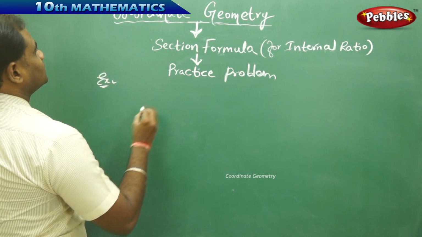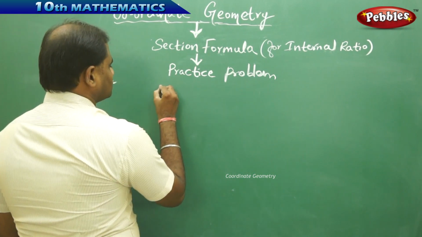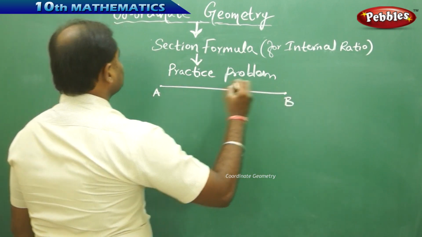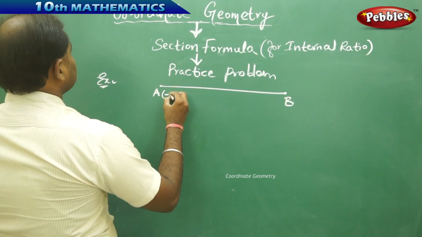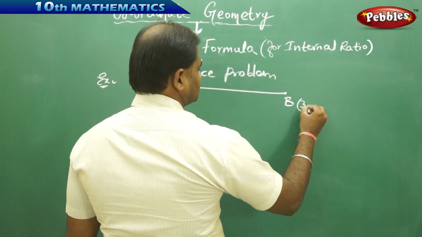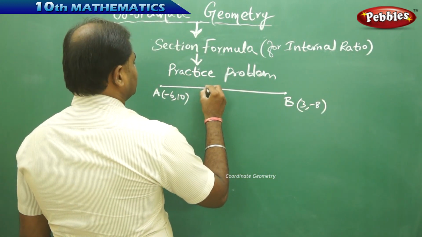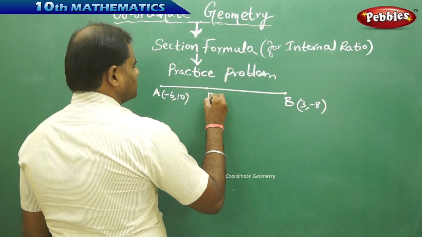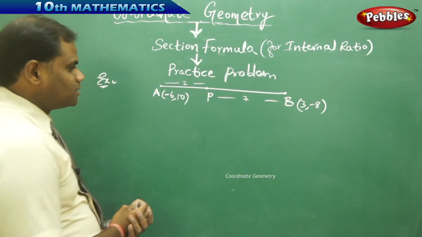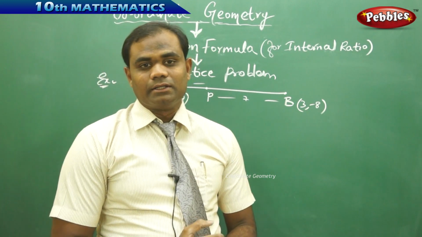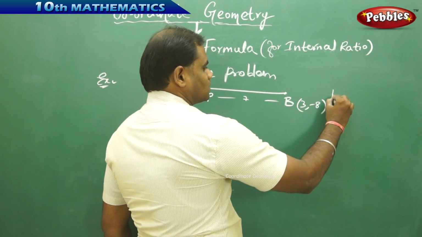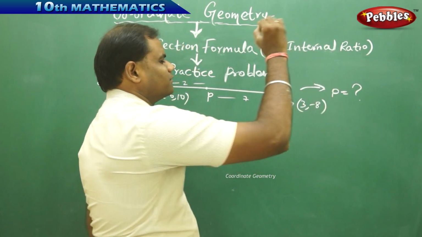The question is, say I have the line joining two points, A and B, where the coordinates of A are (-6, 10) and the coordinates of B are (3, -8), and there is a point P which divides AB in the ratio 2 is to 7 internally. Now I need to find the coordinates of P.